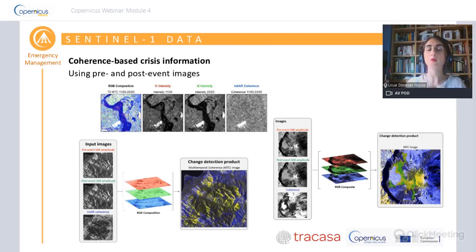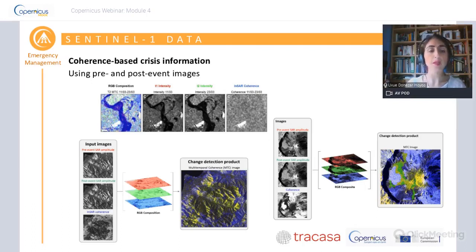So when we acquire an image just before a disaster happens, and then we are able to acquire an image just after the event, thanks to the temporal resolution of Sentinel-1 data, we can infer that changes in the land have been due to the event. Otherwise, if we took the images very far away from each other, the changes could be related to any other kind of changes.